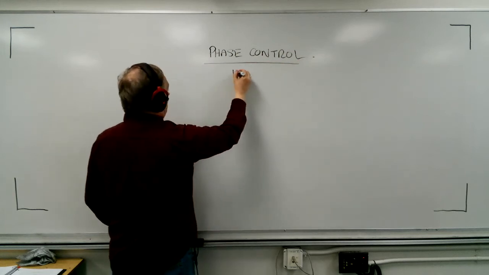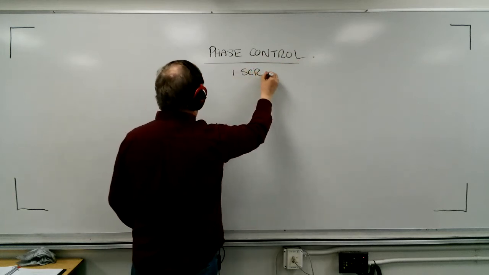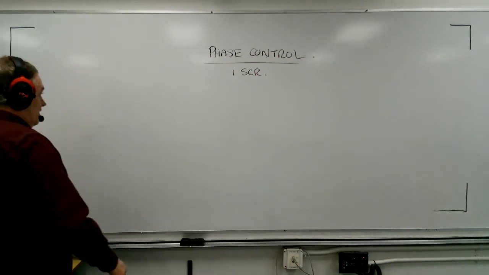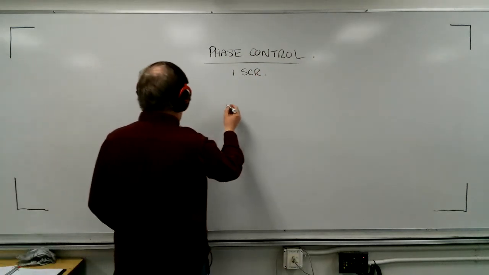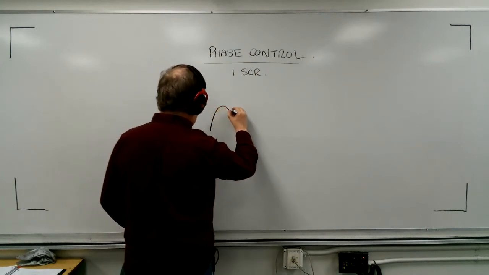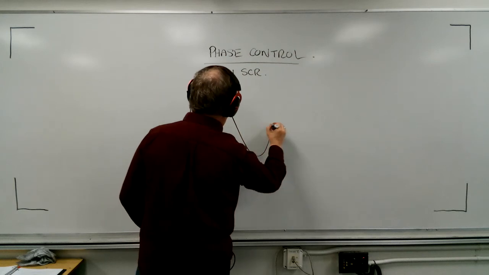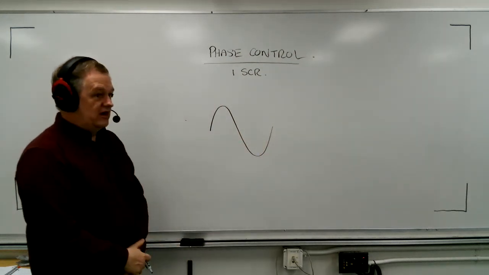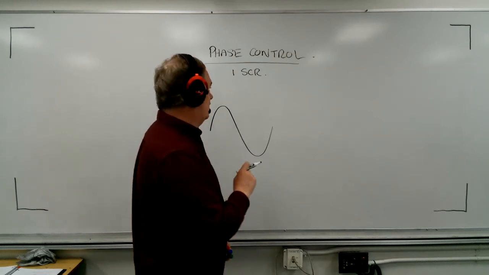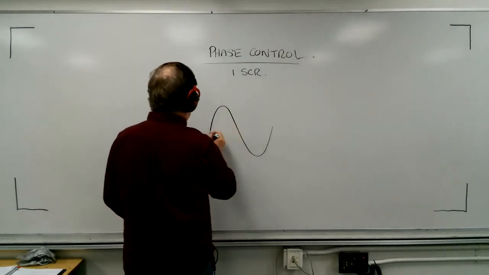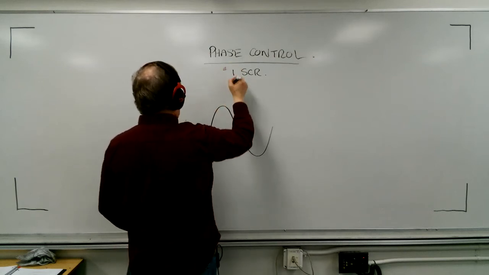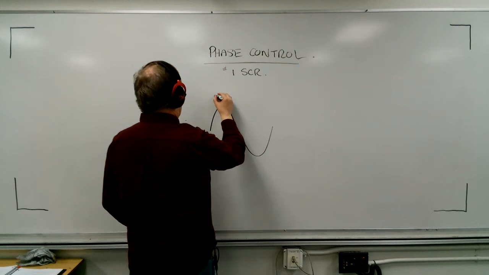And we're going to start with 1 SCR. And what I want to show you is if you take an AC waveform like this, because SCRs are unidirectional, in other words, one-way current only, that means that this SCR, number 1, can go right here.